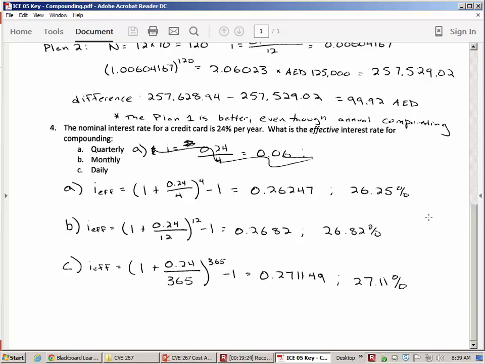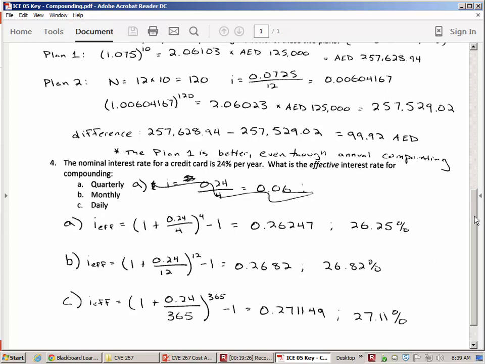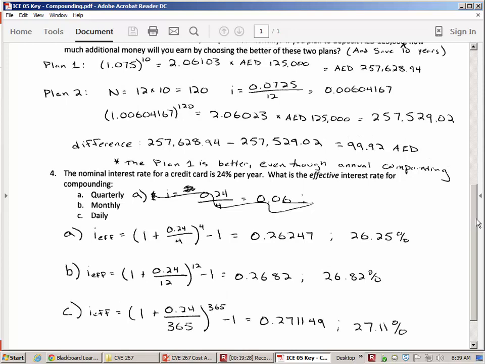Any questions about either of these last two? No? All right. Yes? Well, more is better. Yeah, more is better. But you don't have to go crazy. Sometimes it wouldn't make sense.